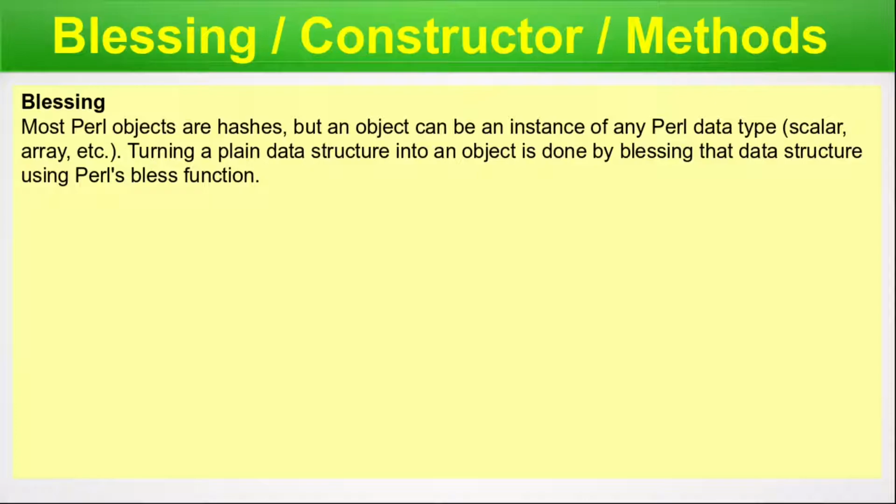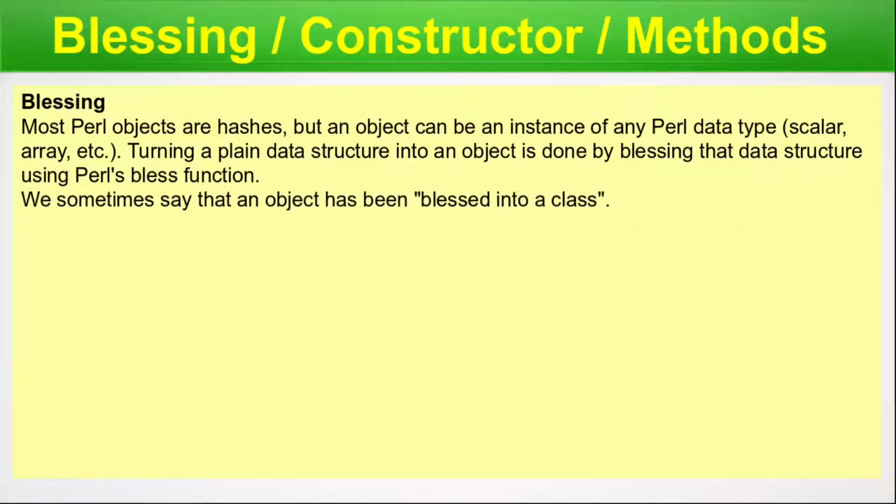I'll show some functions that make a difference between a hash and an object. When a hash is turned into an object and you do some query, it returns an object, not a hash. I'll show that; for that, you see up to the end of this episode. We sometimes say that an object has been blessed into a class, okay, so that is why the Perl guys call the function of making a data structure into a class the bless function, okay.